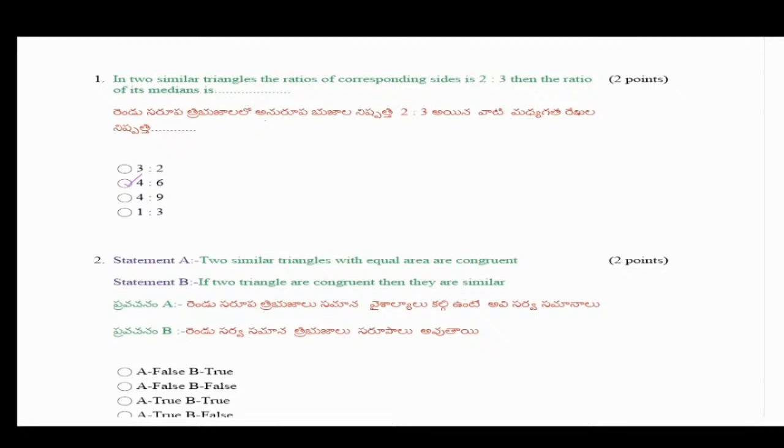Hence the ratios must be equal. The medians ratio is also 2:3, but in the options there is no 2:3; the equivalent ratio of 2:3 is 4:6. That is the answer.